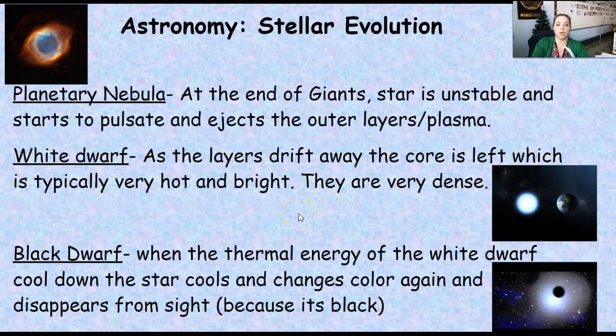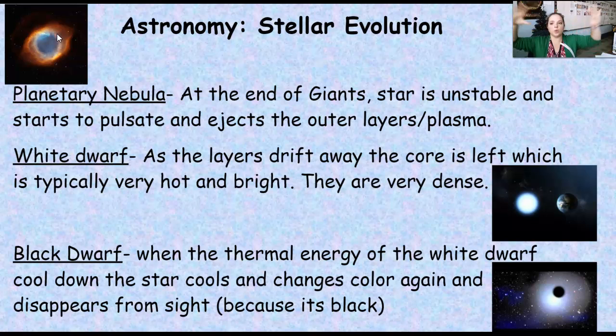All right, so planetary nebula. At the end of a giant, a regular giant, the star is unstable and it starts to pulsate. And as it pulsates, it ejects the outer layers of plasma. It pulsated out and it just pushed it out.